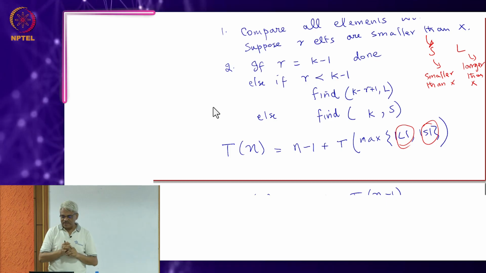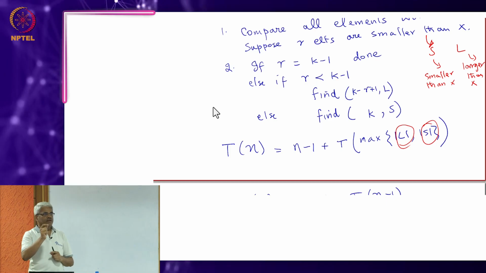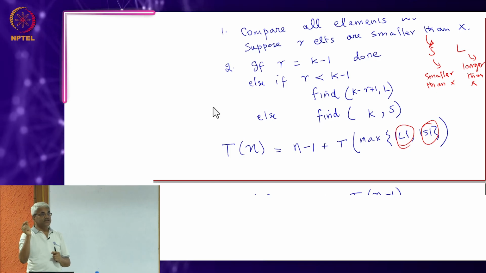What is the probability that the x I pick is the ith smallest element?